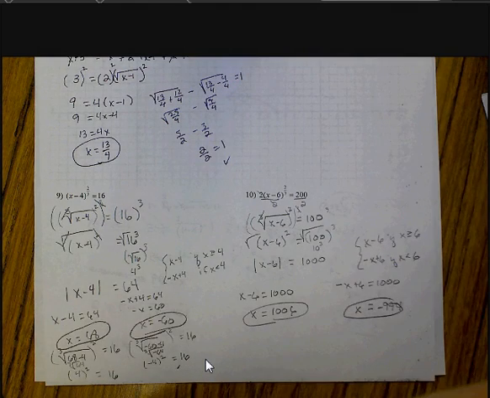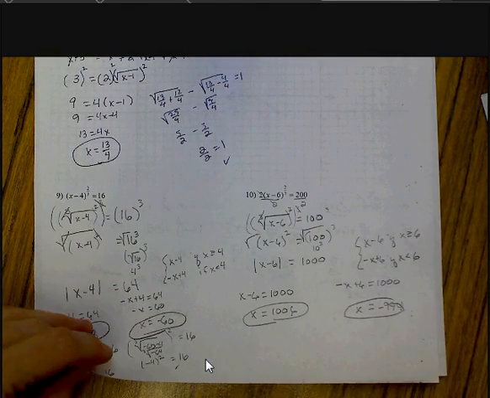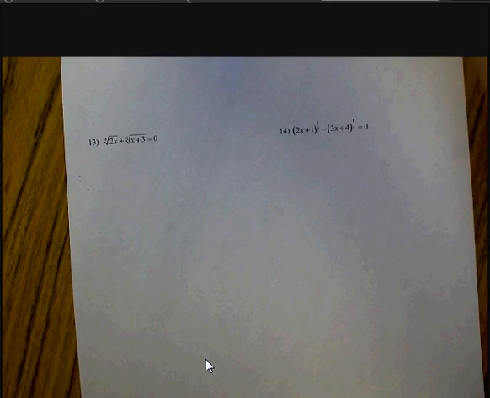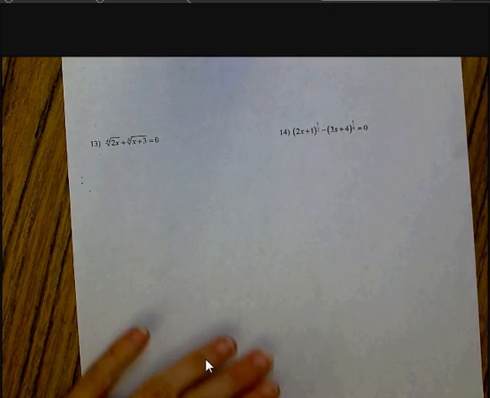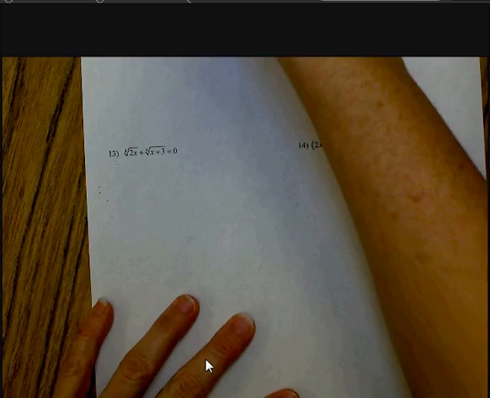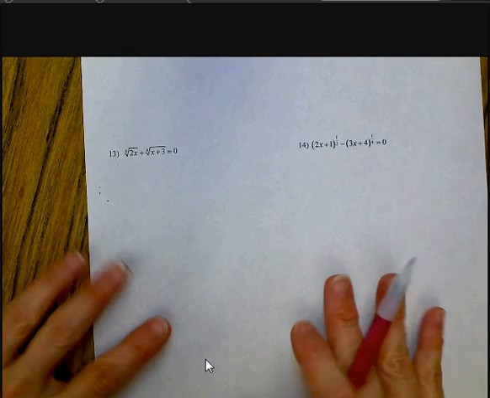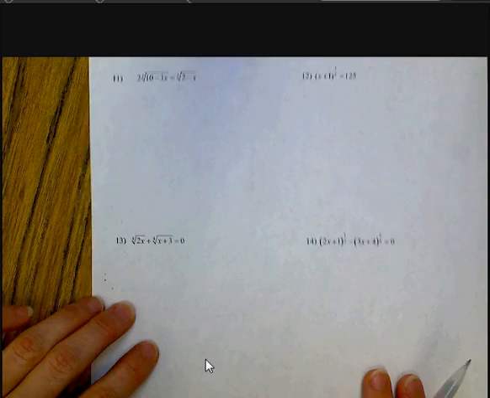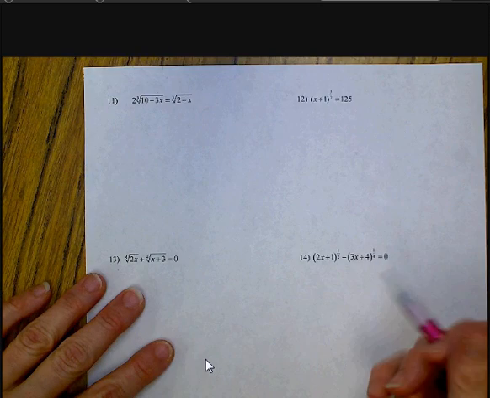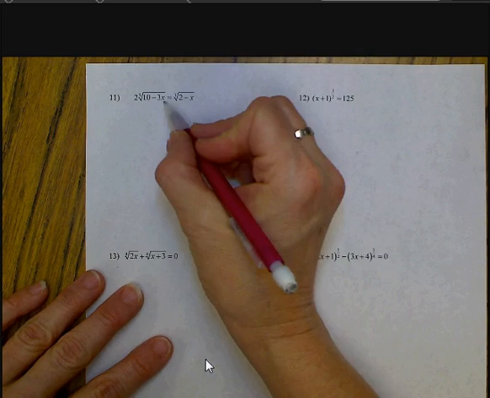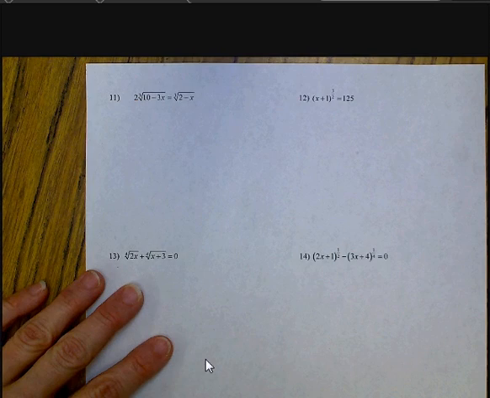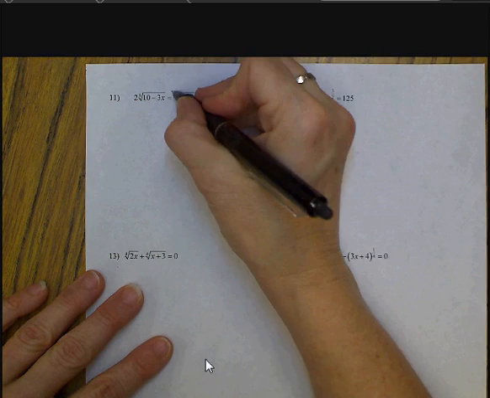Number 11, you're going to wind up with the exact same thing as square roots. You need them to both be on separate sides. Oops, let's get 11 here so you can see it. Sorry. To get rid of a cube root, I am going to cube all these pieces.